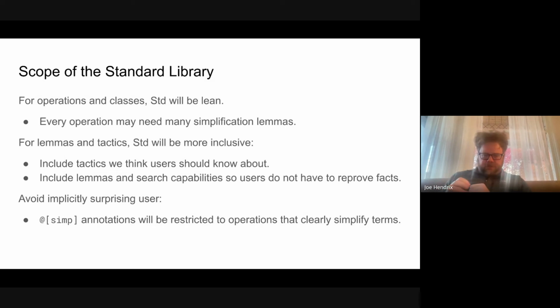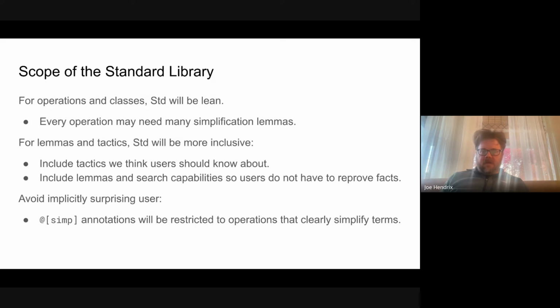So if you have a big component that could potentially be useful to a lot of people, developing it as an independent library, and then maybe deciding if that should be part of the standard interface, is probably the way to go, because we want standard itself to be focused on things that are useful to the broader Lean user base.